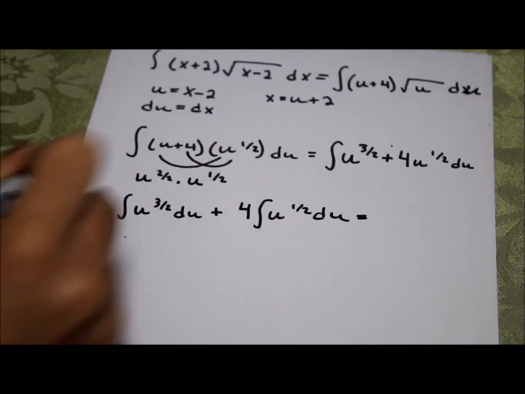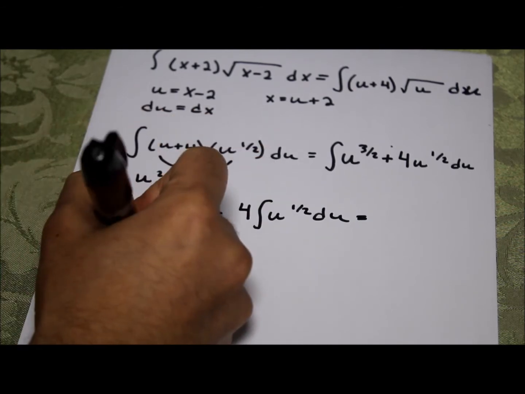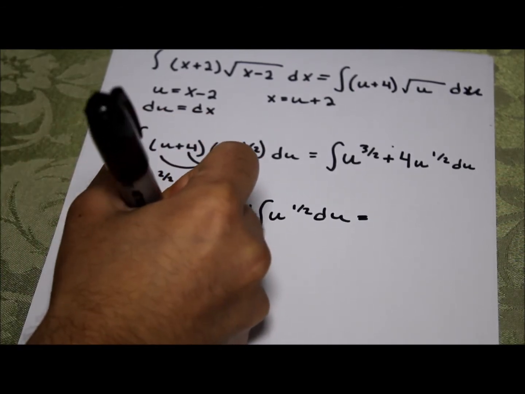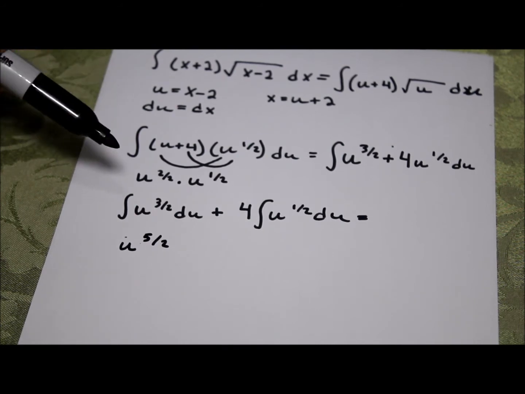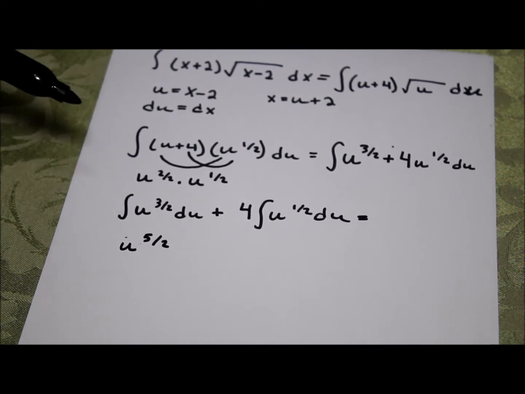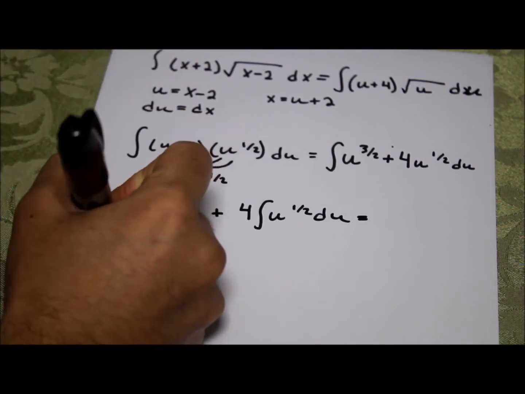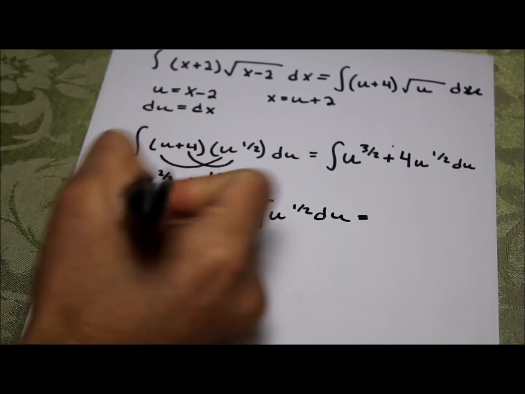We can add 1 to the 3 divided by 2, so that's u to the 5 divided by 2, and we would divide by the new exponent, and since this is a fraction, we would multiply by the reciprocal, so multiply by 2 divided by 5.